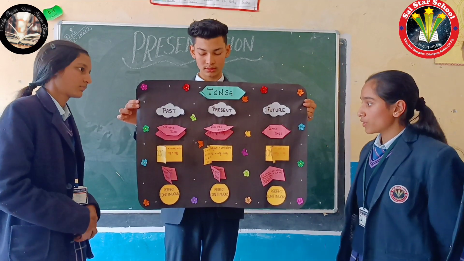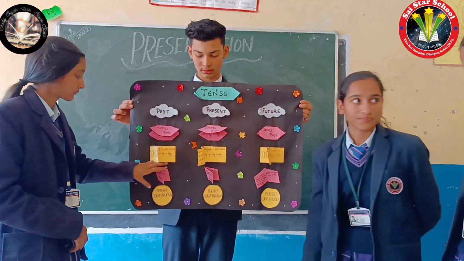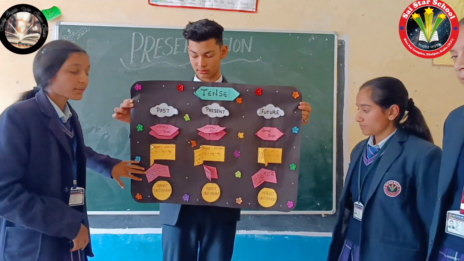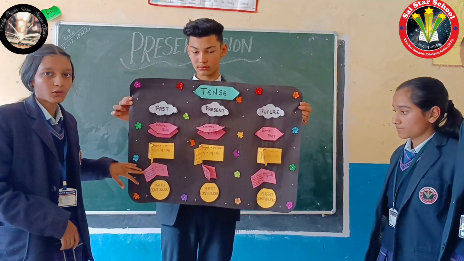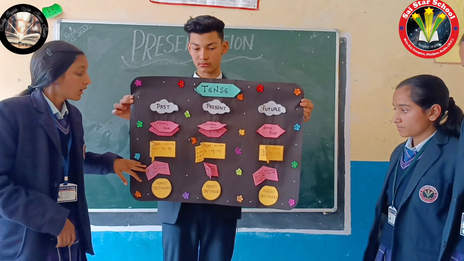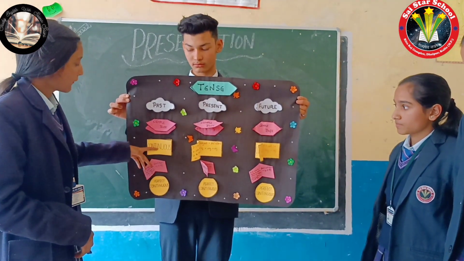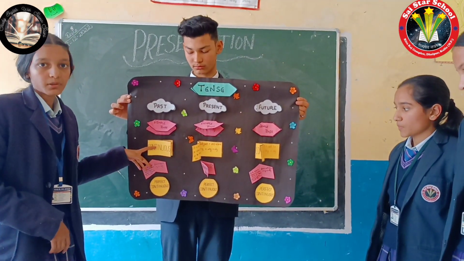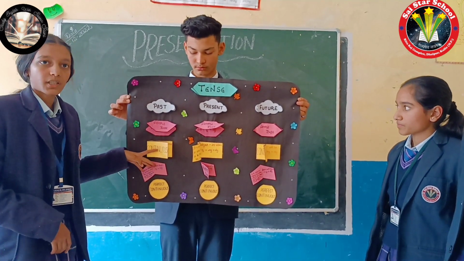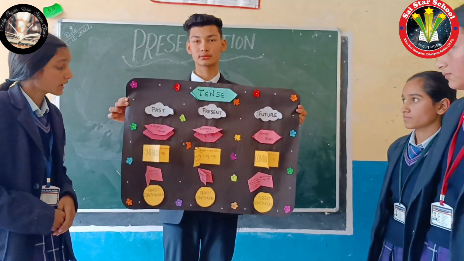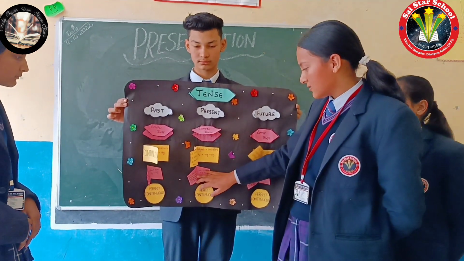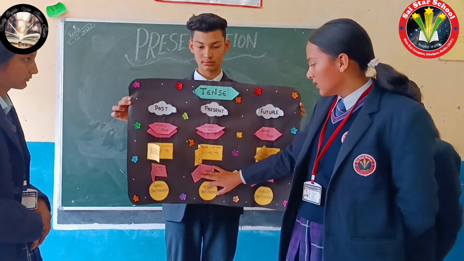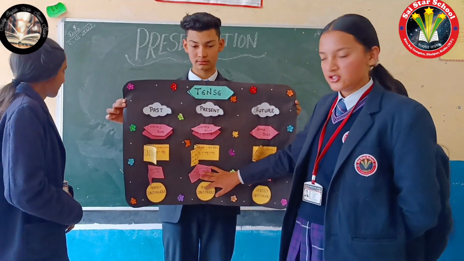Continuous tense is over. Let's start the perfect tense. Perfect tense is an action which is completed at a particular moment and time. And the formula of past perfect tense is subject plus had plus verb 3 plus object. Now, Sheetal, can you tell us what is present perfect tense? Present perfect tense is used to show an action that started in the past and has just finished.